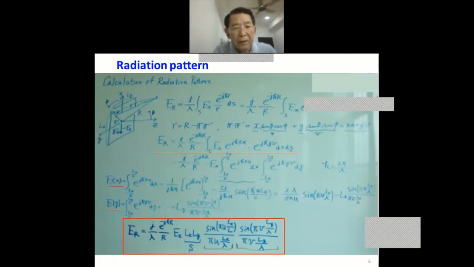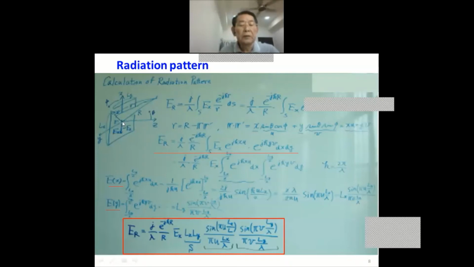So from now, today's main part of calculation. For calculation of radiation, we start from this equation. Then Ex is distributed. So the observation point is here.